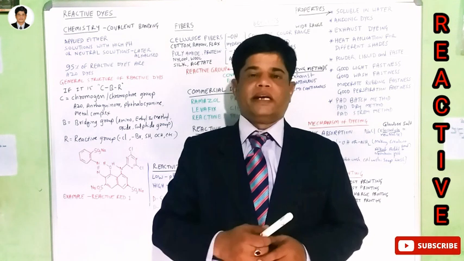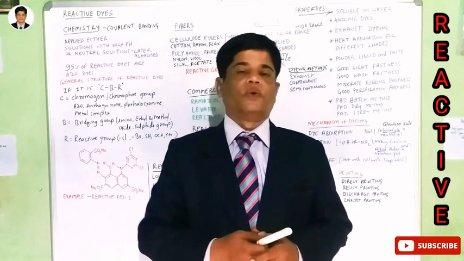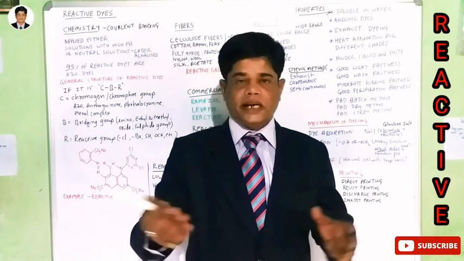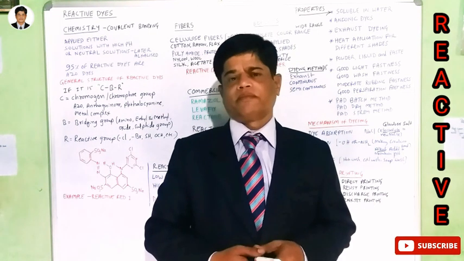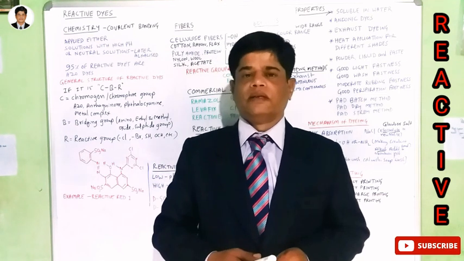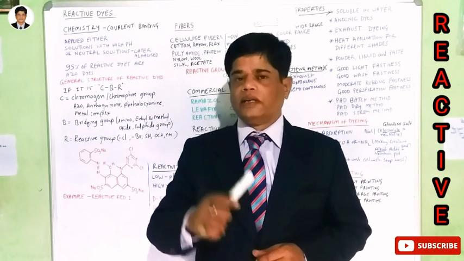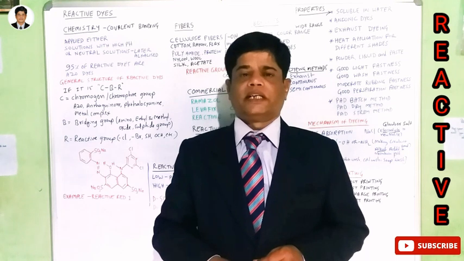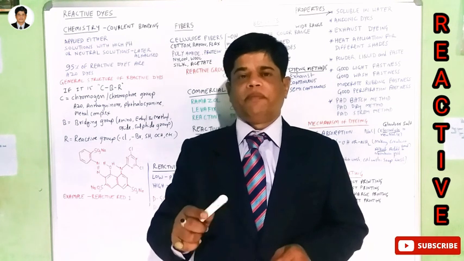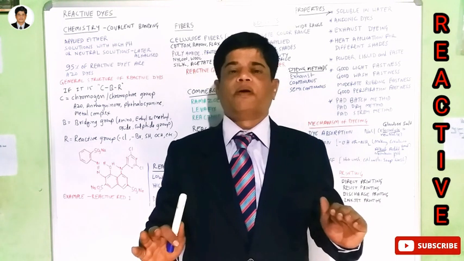That is the case with direct dyes, vat dyes, acid dyes, basic dyes, so many dyes, and sulfur dyes. Reactive dyes are a special case: the dye becomes an integral part of the fiber.